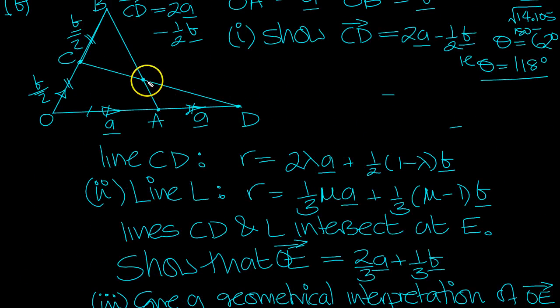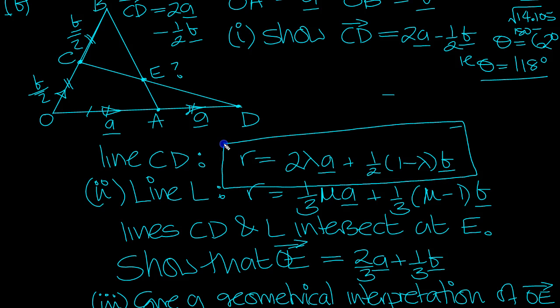I've got a feeling E is here. So I'm just going to work that out. So that's where the lines AB, BA and CD coincide. Well, we know line CD is this. We know line AB then, or line BA.